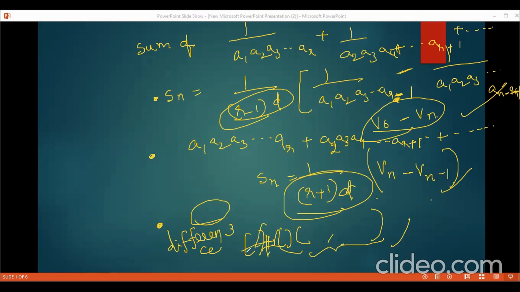In this way, we can easily calculate using the difference method, and these two are special series. These are the three kinds of sum of the series. If you remember, you can do any kind of problem easily. Okay, thank you.